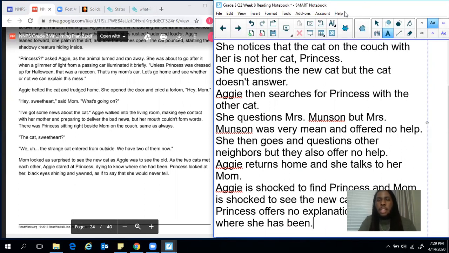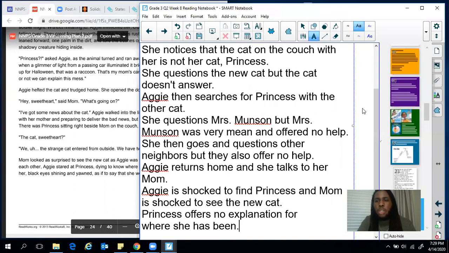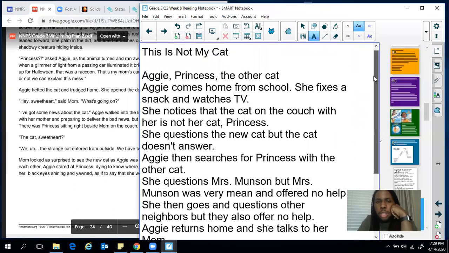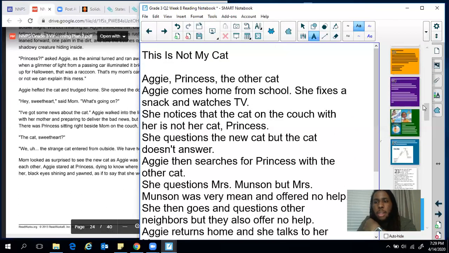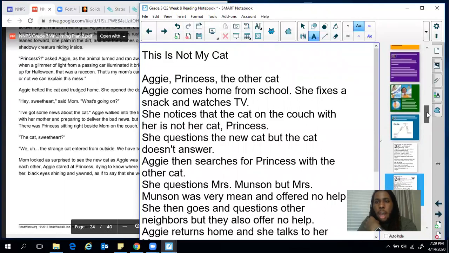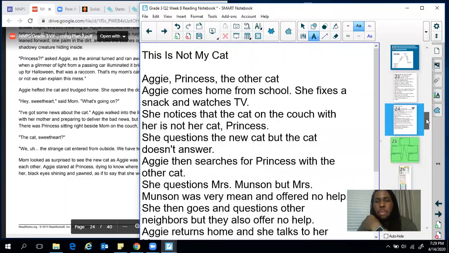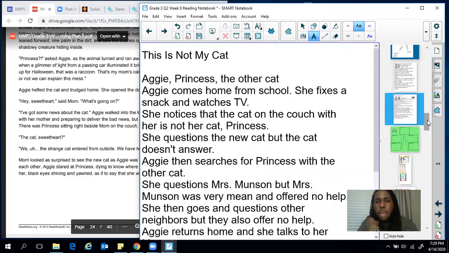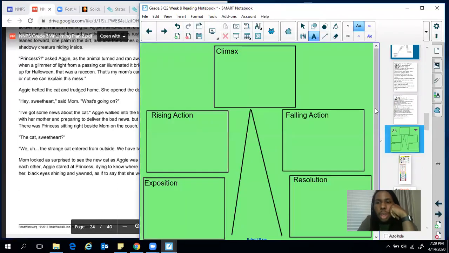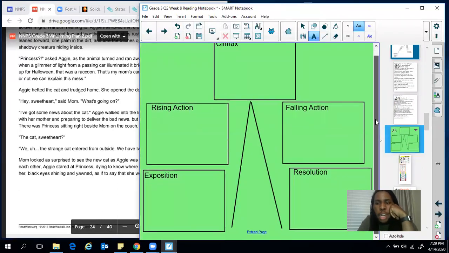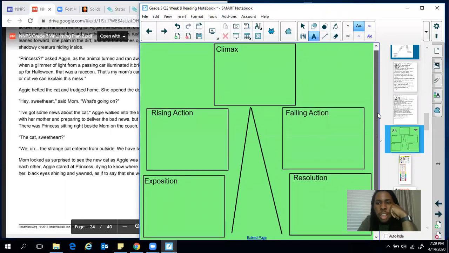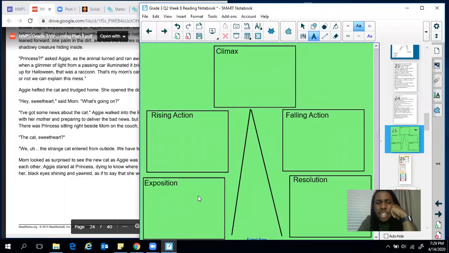The reason I took all those notes is because it helps me to think about what happened. I haven't put them in a plot map yet, but if I have these notes, it'll make writing my plot map a lot easier. The way Mr. Wheeler typically does a plot map is that I focus on these 5 events in the story.